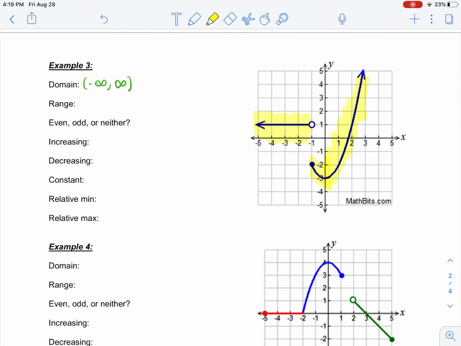All right, my range, the lowest my graph goes to the highest my graph goes. The lowest my y values go is right here, which is -3. The highest is an arrow, so -3 to infinity. Tell whether the function's even, odd, or neither. There's no symmetry to this at all, so neither.